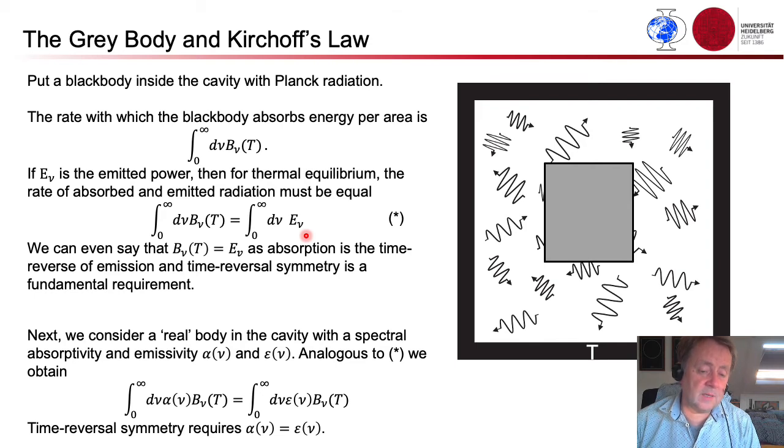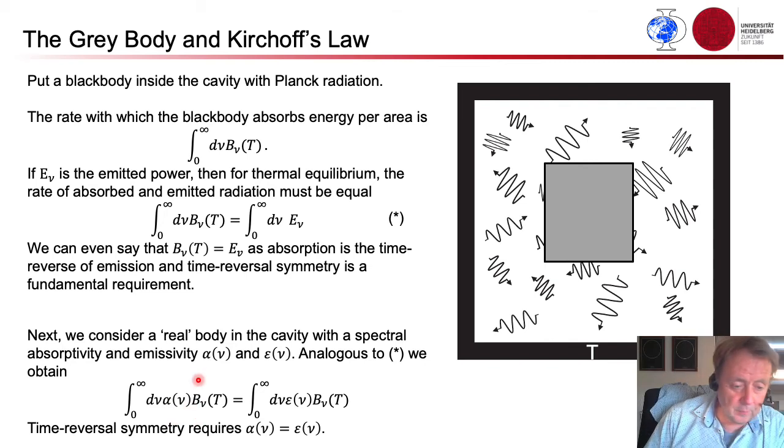And now we can use the same argument as before and just say that the total amount of absorbed radiation, here the integral over frequency, and now we have the absorptivity, which is the fraction of the absorbed radiation times the Planck radiation. So that integral gives us the total amount of absorbed radiation.